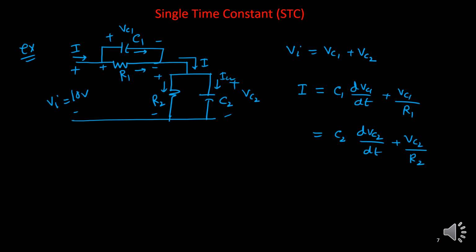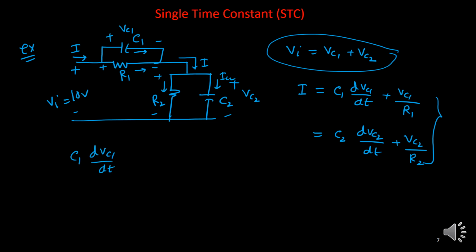Now if you replace this in any of these, we will get only a single variable. Suppose I want to get only VC1. That is possible because C1 dVC1/dt plus VC1 upon R1 equals C2 times d/dt of VC2, and VC2 I can write as VI minus VC1.